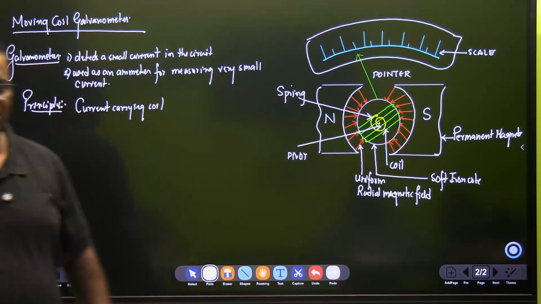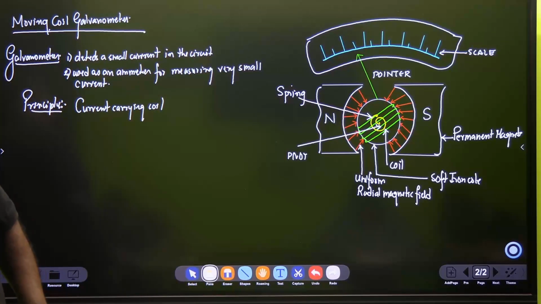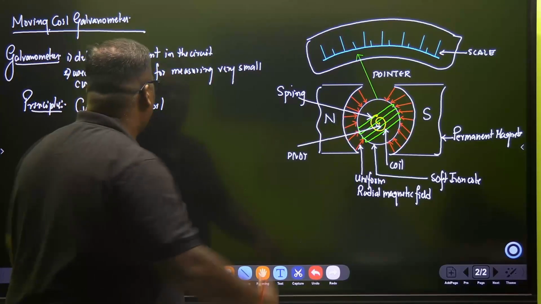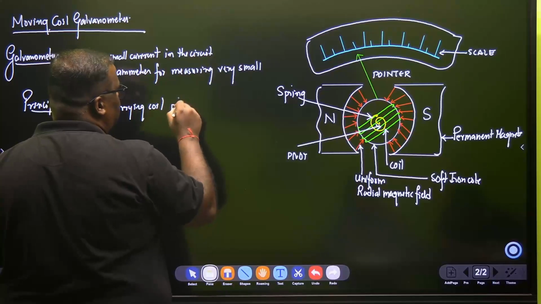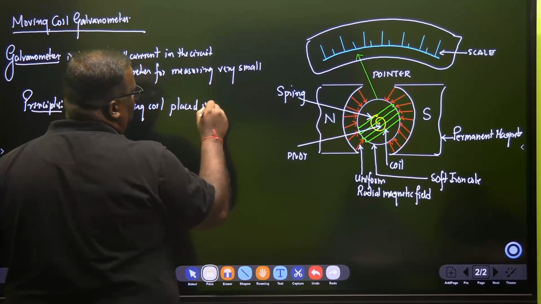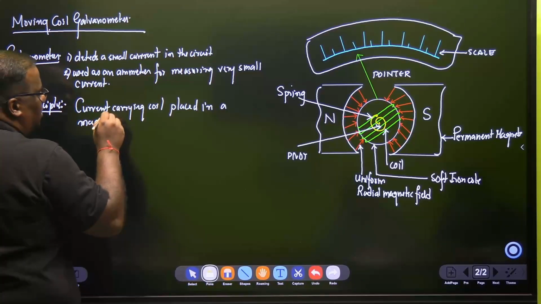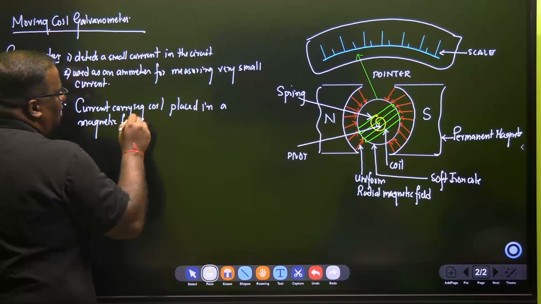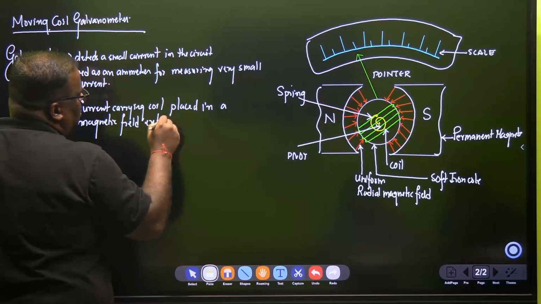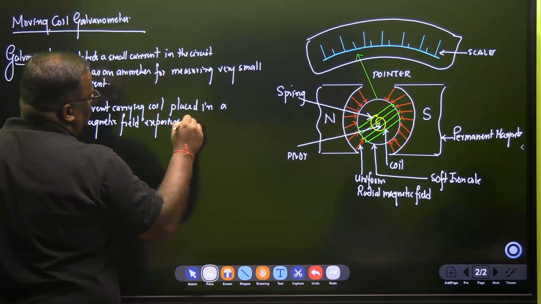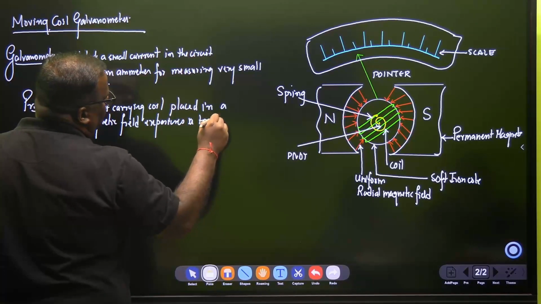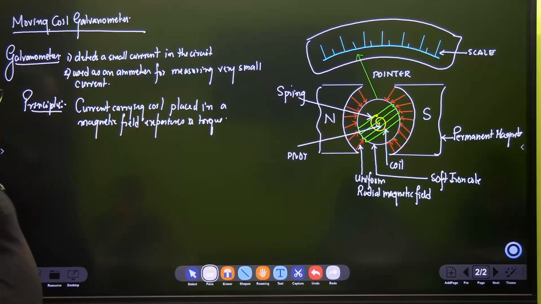IAB sine theta. Then when it is a coil, it is NIAB sine theta. NIAB. Do you remember? A current carrying coil placed in a magnetic field experiences a torque.